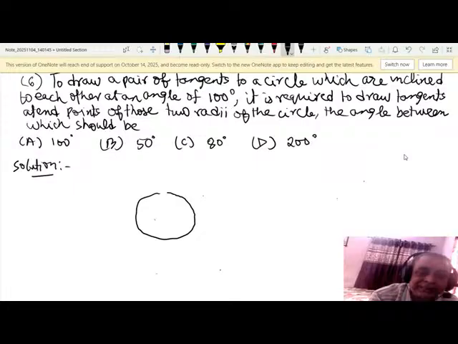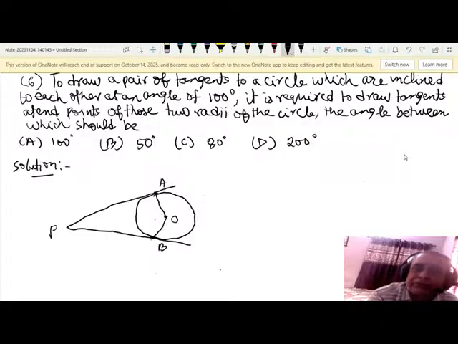Here it is saying that there is one circle whose center we suppose call it O. Now here there are two radii. Okay, this is A and this is B. There are two tangents being drawn to the circle at the points A and B. Now these two tangents are drawn to the circle, suppose from the point P. So the angle APB is 100 degree.